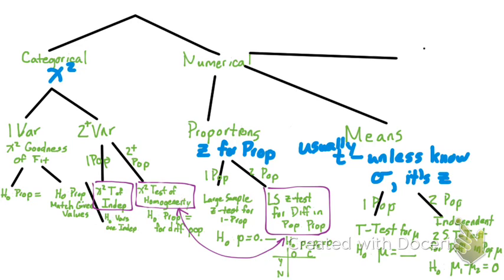You also have a situation with numerical data where it's paired. Sometimes when it's paired, I'm working with means that are paired, and that's going to be my paired t-test.